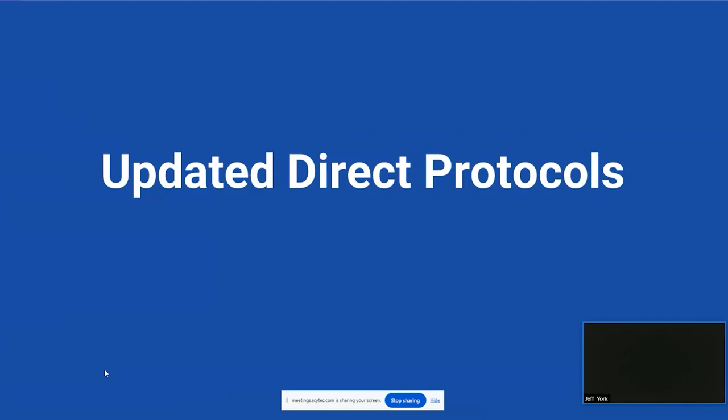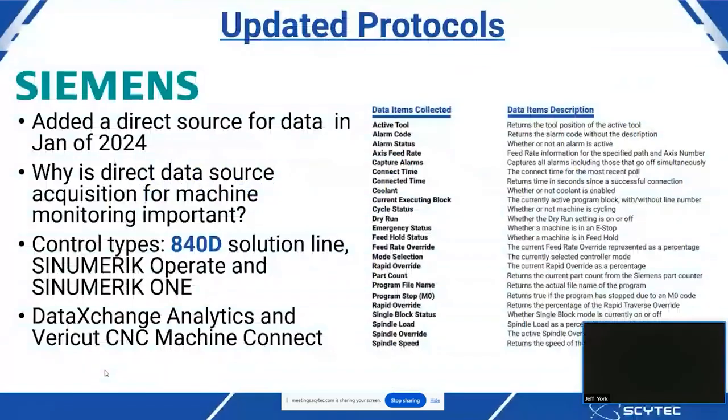Next, I'm going to be talking about the updated direct protocol access that was added to the DataXchange machine monitoring platform this year. Now, in January, we added the Siemens OPC-UA direct protocol, and this applies to the 840D solution line, as well as the Sinumerik Operate and Sinumerik One controls.